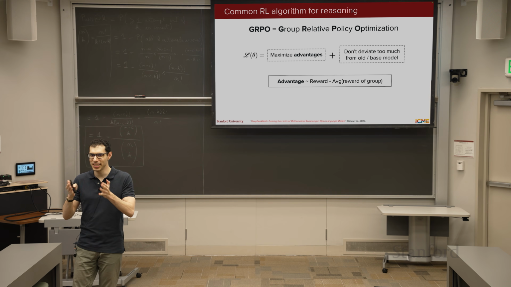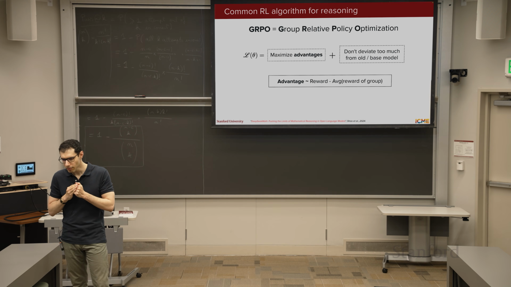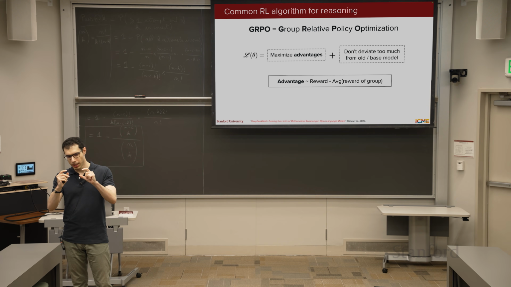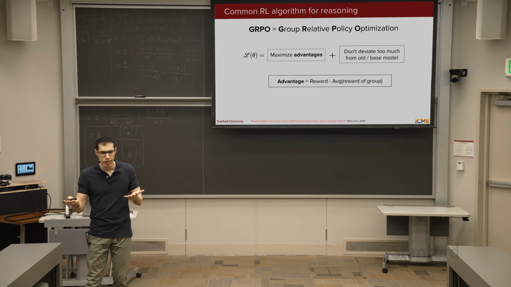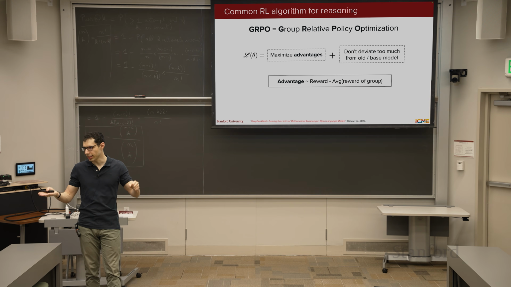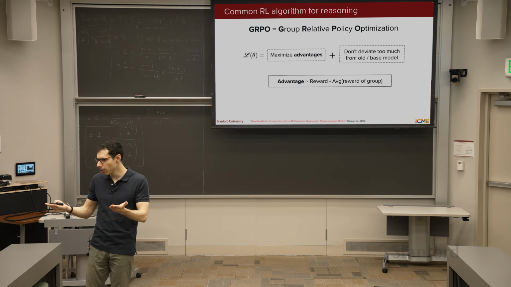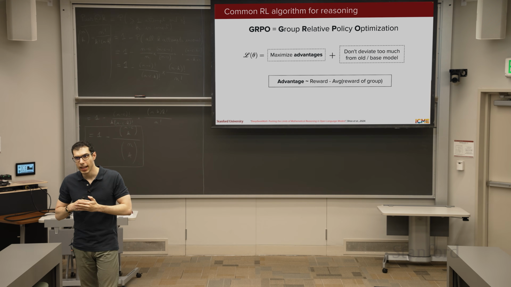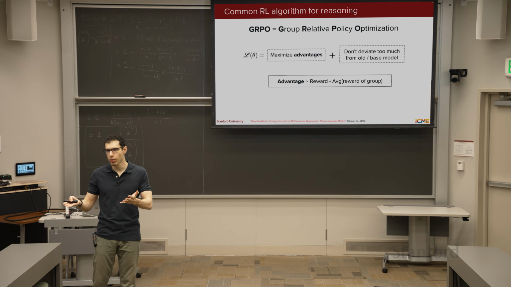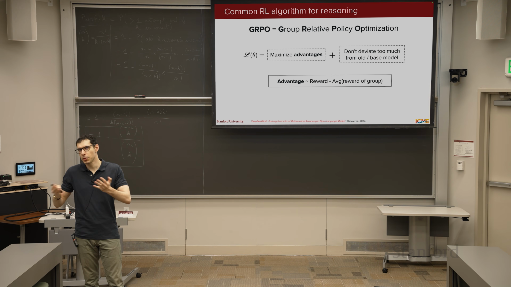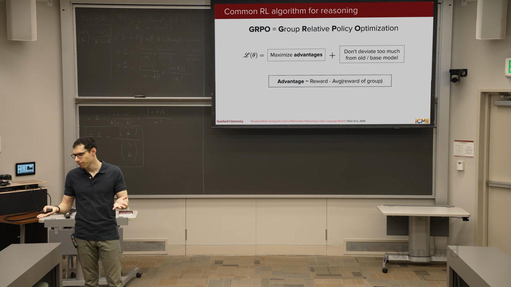Here the idea is, let's just sample multiple times and see how one response compares to the others, and then use that as some kind of baseline to put this reward into context. For instance, you may have a math problem that's kind of easy, and if you have a high reward for that one, maybe it's because the problem was easy to start with.